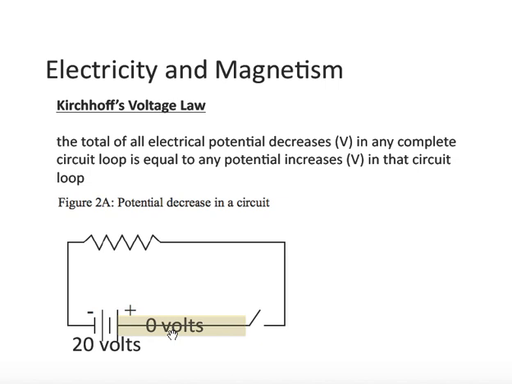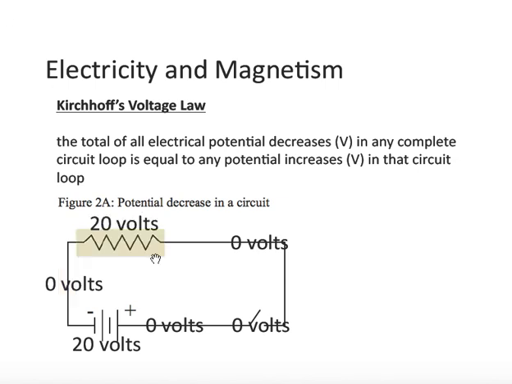Now, we will assume that these wires are perfect conductors and that they have no resistance. So we'll assume that this wire has 0 volts. The switch we'll also assume has 0 volts. This wire we'll assume also has 0 volts. And this last wire connecting we'll assume has 0 volts.